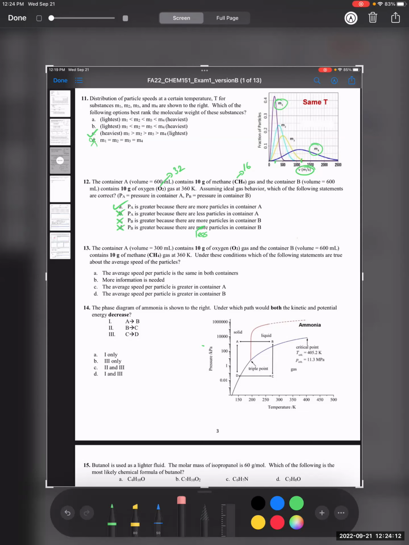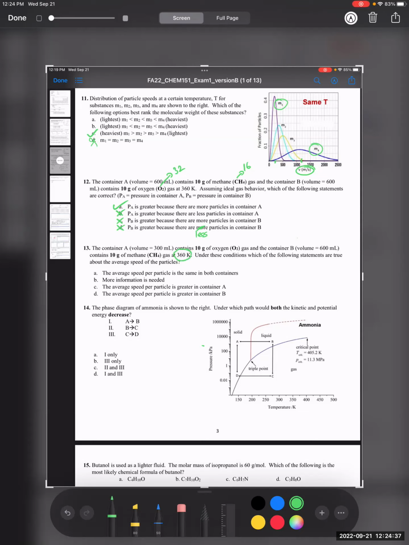And then what they're asking is, under these conditions, which of the following statements are true about the average speed of the particles? Now, here's the thing. Average speed is related to the average kinetic energy. And then average kinetic energy is related to the temperature, which is going to be the same for both containers, right? They are at 360 Kelvin.